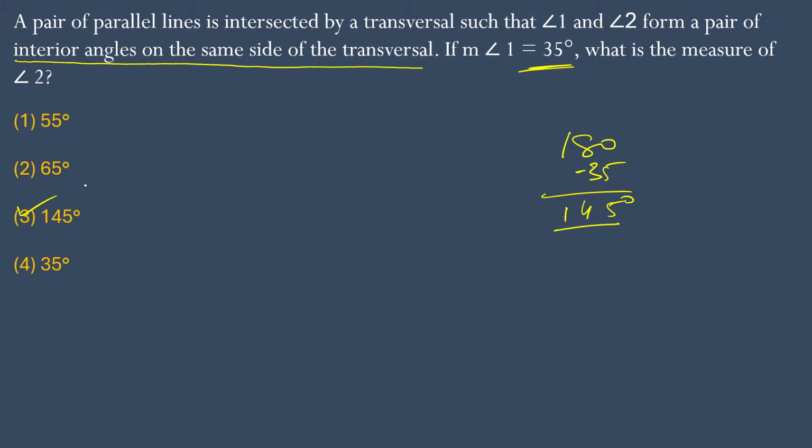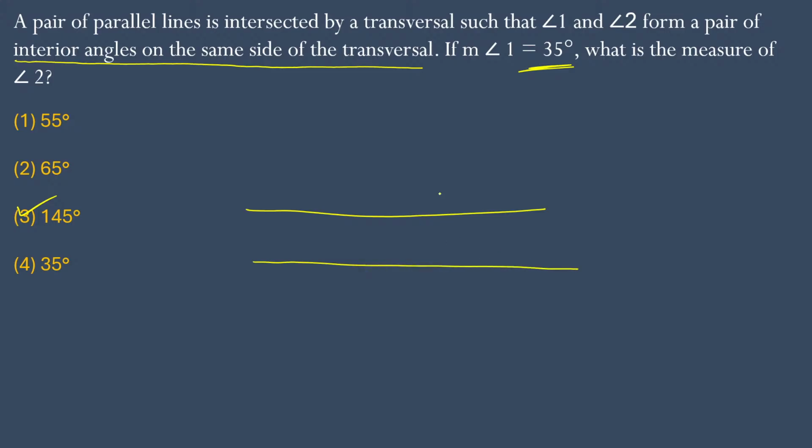Or else we can solve like this. If you see here, a pair of parallel lines with a transversal, and here two interior angles, angle 1 and angle 2. So angle 1 plus angle 2 is equal to 180 degrees, supplementary angles.